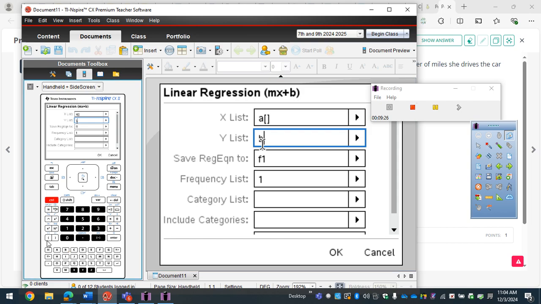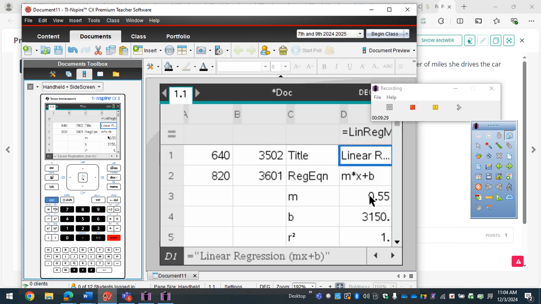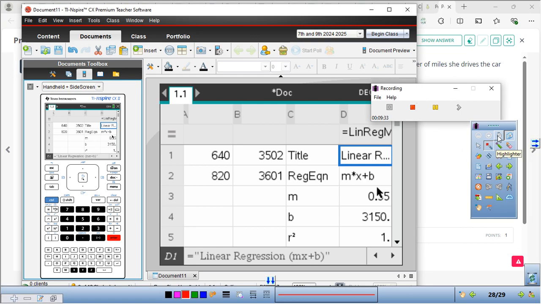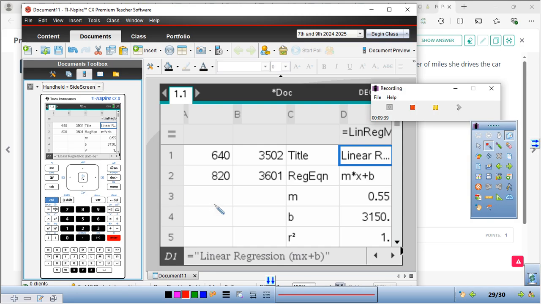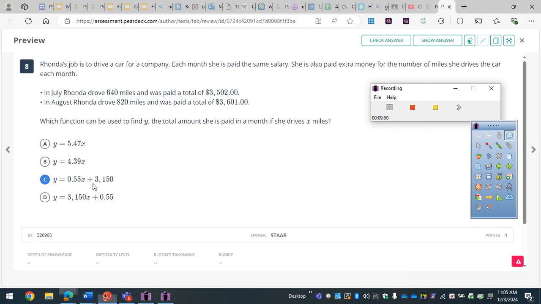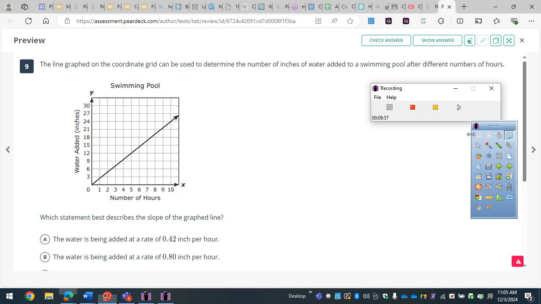Right here to B, Control this. Enter. So the equation for this is going to be y is equal to 0.55x plus 3150. Oh, there it is. 0.55x. There she is. That's pretty easy.